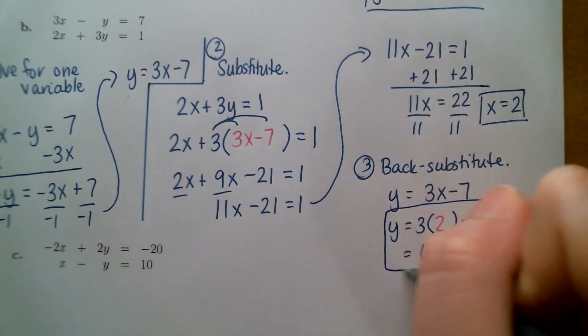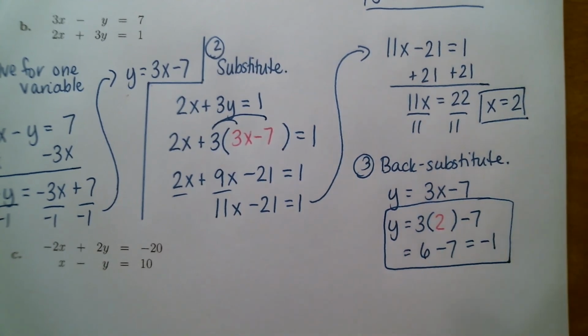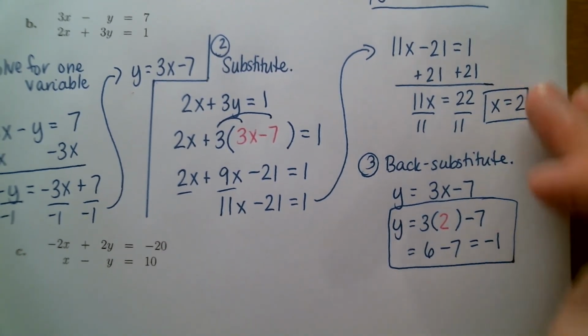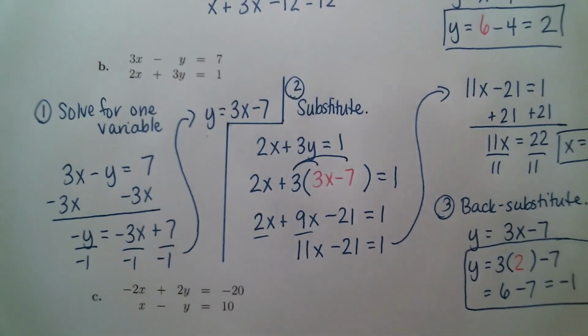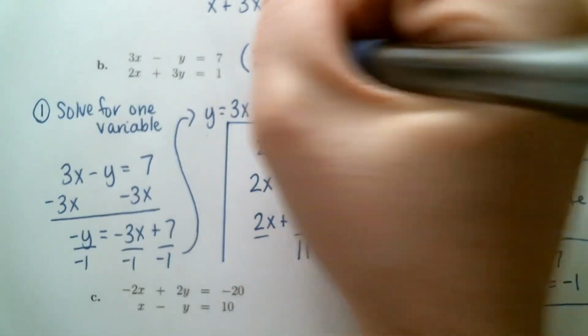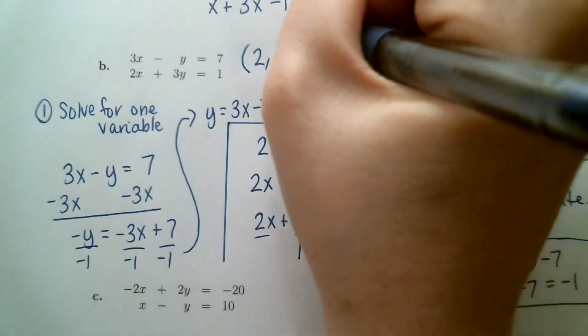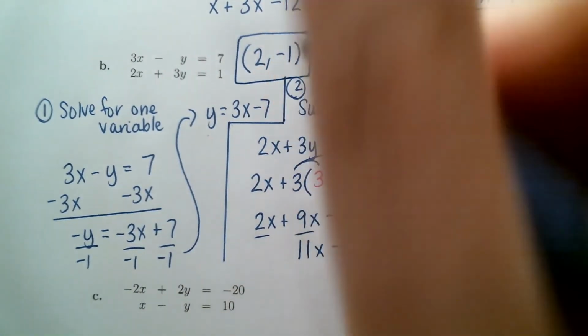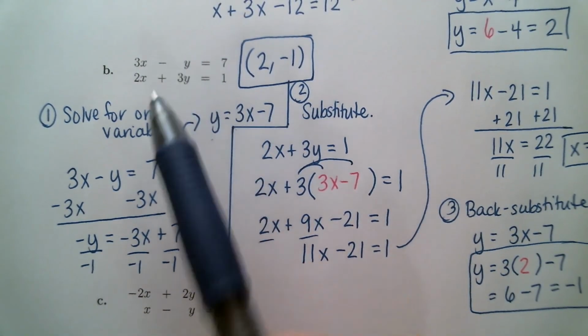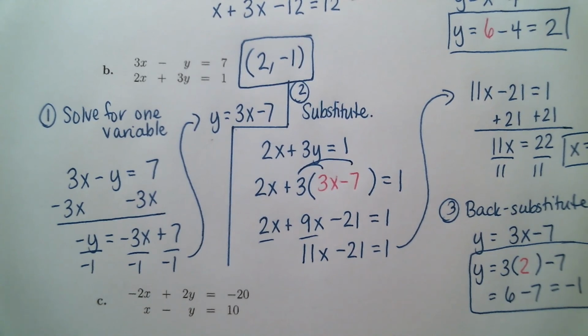So there is our solution to the system. x has to be 2, y has to be negative 1. I'll go ahead and write it here as an ordered pair, so x has to go first and then the y coordinate. And again, if you plug this variable assignment into either one of these original equations, you should get a true statement.